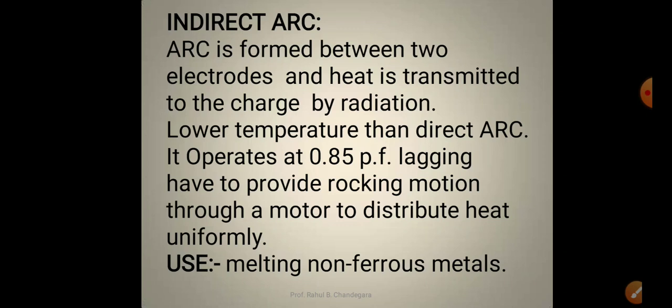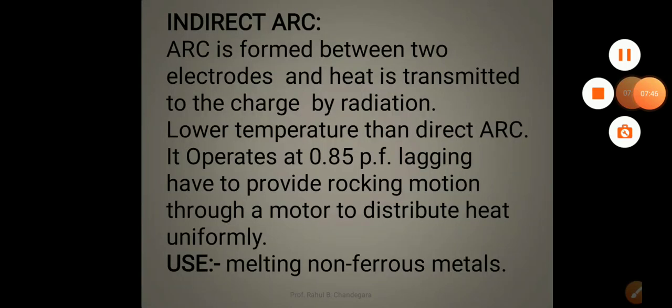It operates at 0.85 power factor lagging. A rocking motion has to be provided through a motor to distribute heat uniformly. The application of the indirect arc method is for melting non-ferrous metal.